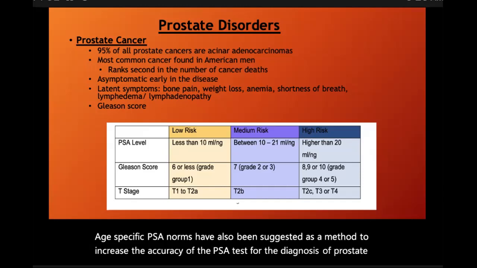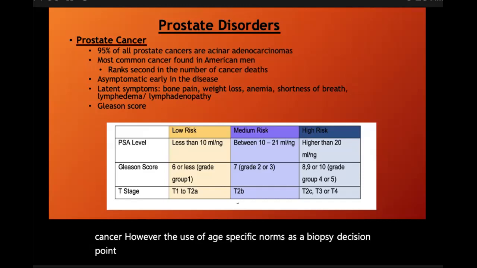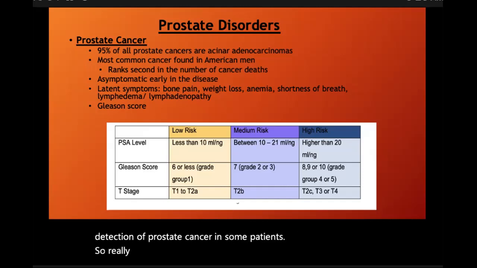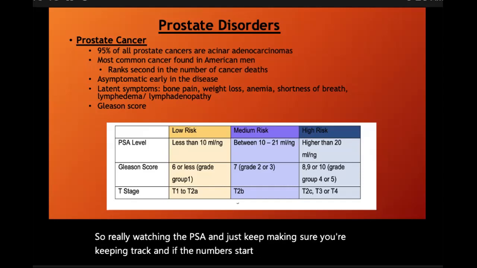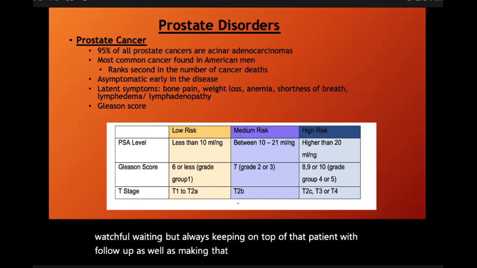However, the use of age-specific norms as a biopsy decision point is controversial, given that they may potentially delay detection of prostate cancer in some patients. So really watching the PSA and just making sure you're keeping track. And if the numbers start to drop, great, we'll do a little watchful waiting, but always keeping on top of that patient with follow-up, as well as making that referral when necessary to the urologist.